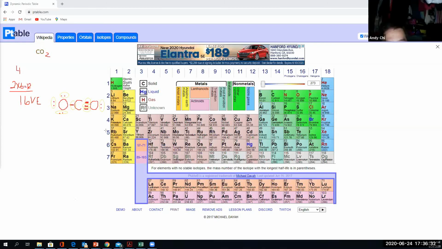Because you move 2 from the first one to the last one, it becomes 4. Then you take one line in the middle of the carbon to the first one, so you have 2, 4, 6, 8, and that's the same, right? Yeah, there's 2, 4, 6, 8 around carbon. There's 2, 4, 6, 8 around this oxygen, and 2, 4, 6, 8 around this oxygen. So it works out.